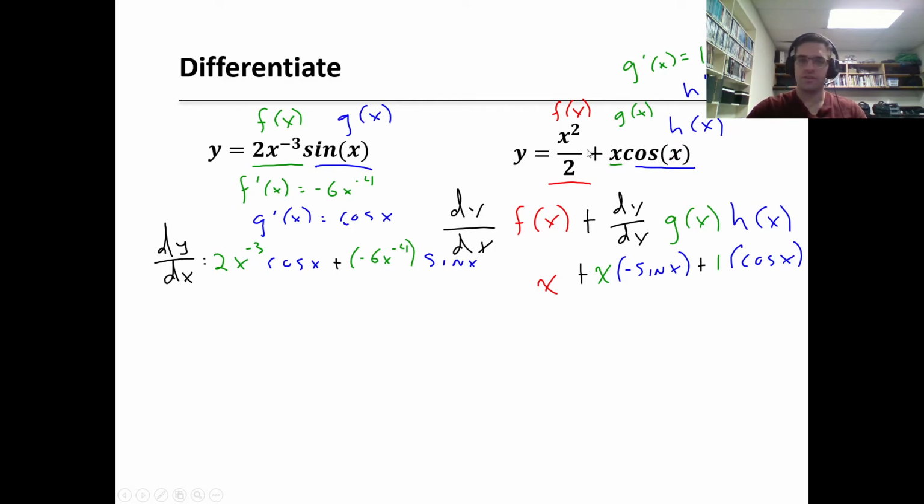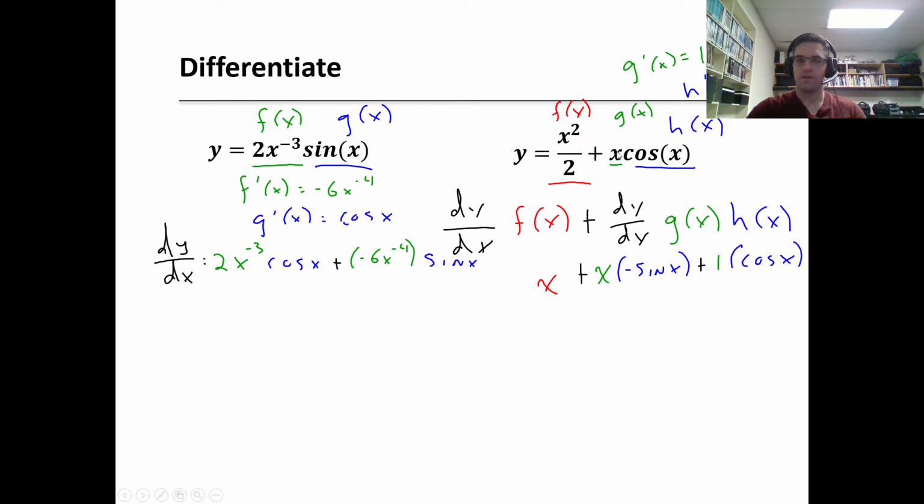To evaluate this, we're just going to split up the addition. We can take the derivative of the first thing and then take the derivative of the second thing. The derivative of f of x is just going to be x, power rule. The second part, if we take the derivative of this, we have two functions being multiplied, so this is going to be the product rule again.